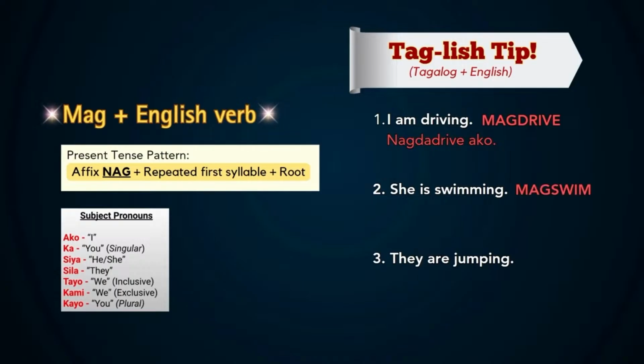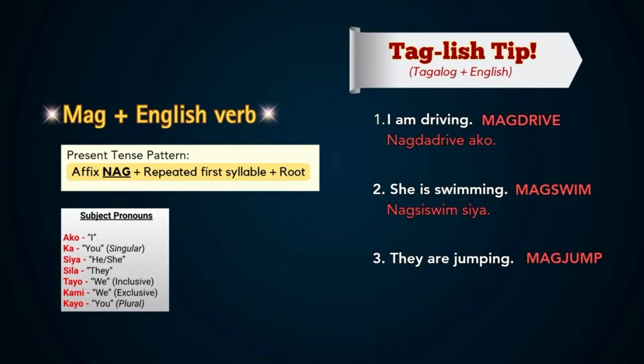Next, she is swimming. What if I told you to use the verb mag-swim? How would you say that in Taglish? In Taglish, you could say nagsiswim siya. So the affix is nag, then there's the repeated first syllable, and then the root. Nagsiswim siya. Lastly, they are jumping. What if I told you to use the verb mag-jump?